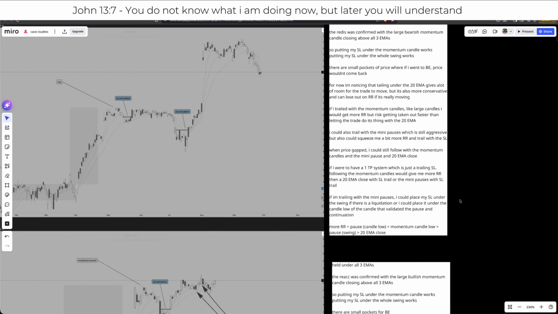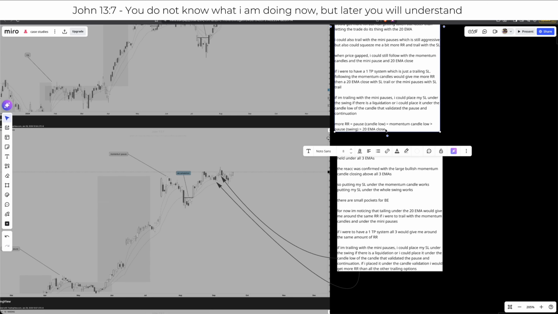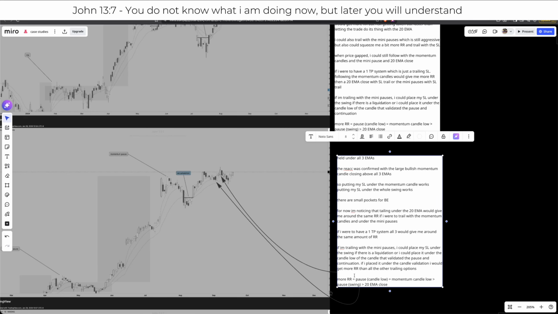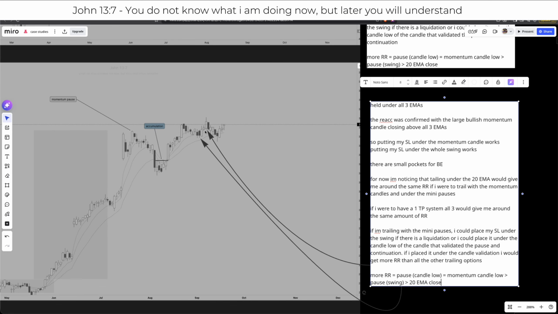Let's just draw that out right there. No, I think I know what I'm talking about. Okay, so I would get more RR out of the pause candle low. I would get the same amount for the momentum candle low.